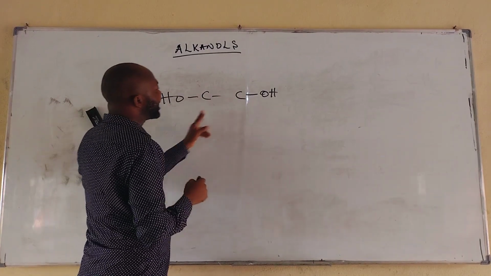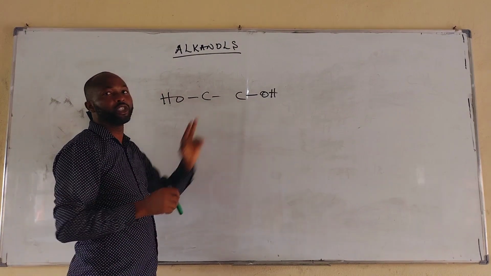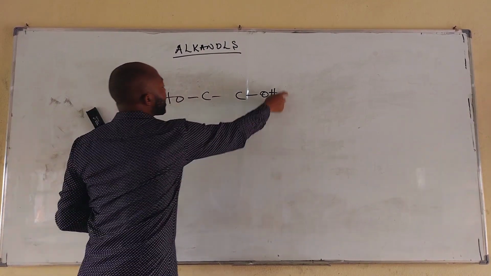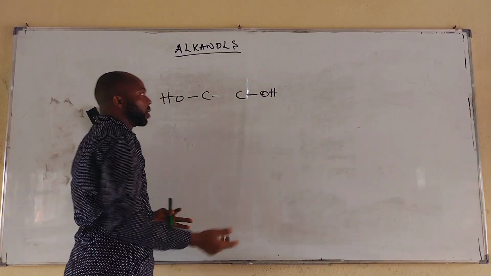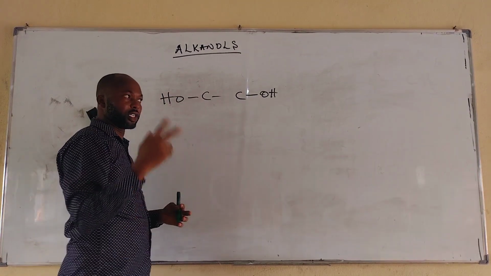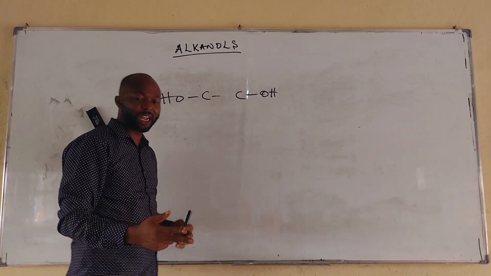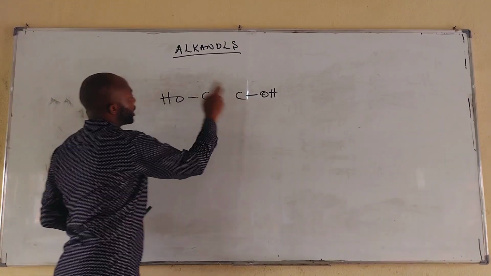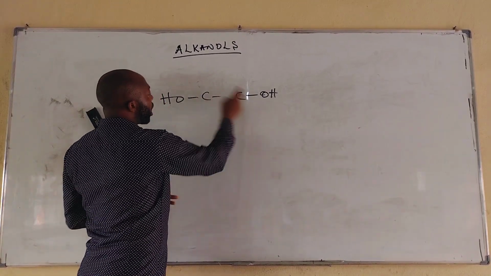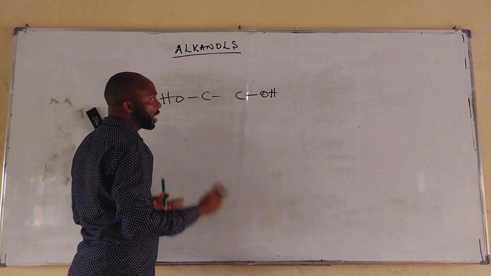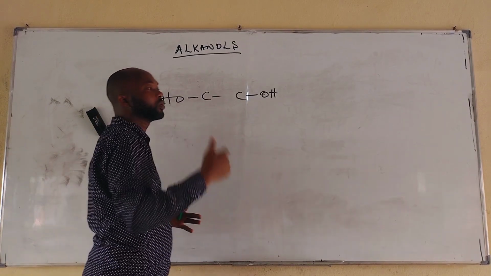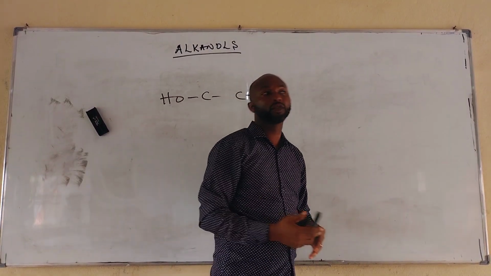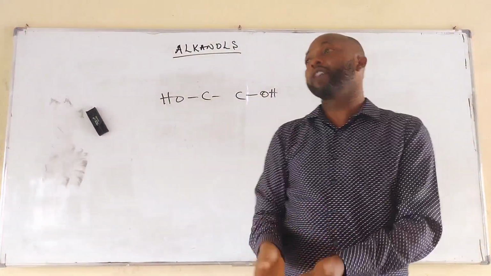This is ethane 1,2-diol. Now, when there is one ol, we call it mono. But when there are two ol, it's called di in chemistry. That becomes what? Diol. So this is ethane-1,2-diol. So that has to do with the number of hydroxy groups attached.